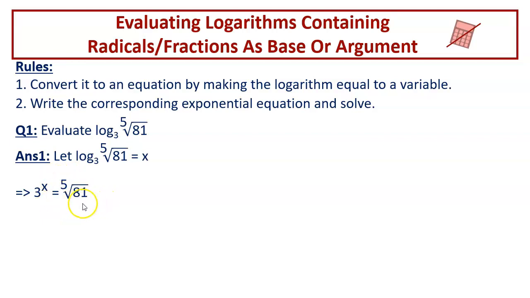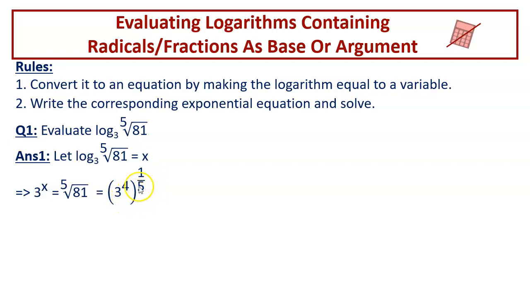And 81 is 3 to the power of 4. Since it is the 5th root written in exponential form, it will be 1 over 5. So it will be 3 to the power of 4 raised to the power of 1 over 5. Using the power law of exponents, a to the power of m whole raised to the power of n is equal to a to the power of m times n.